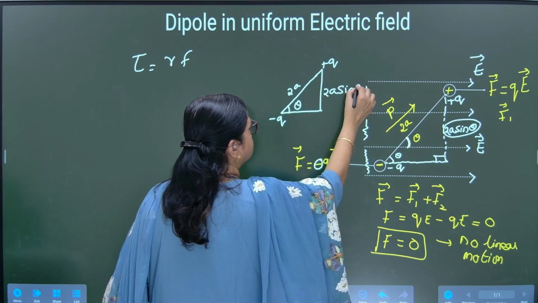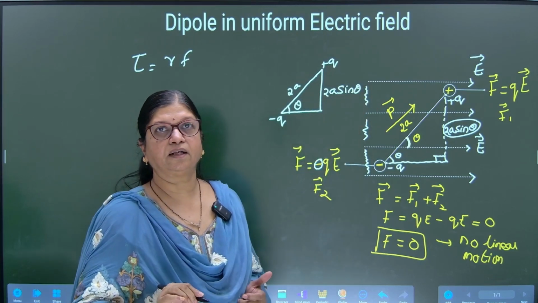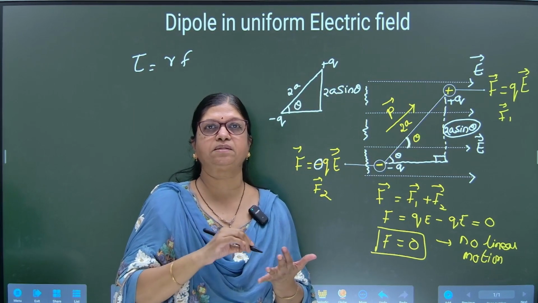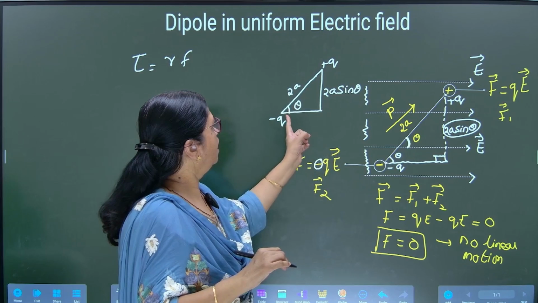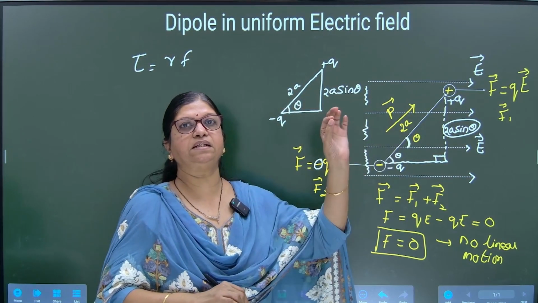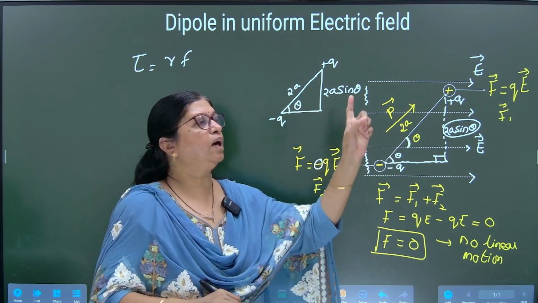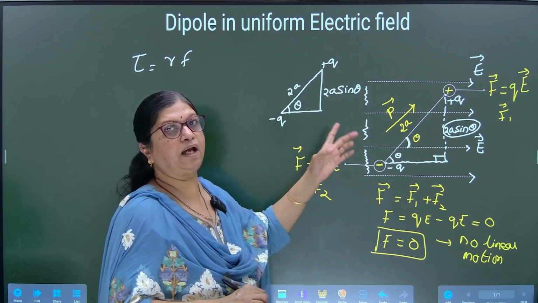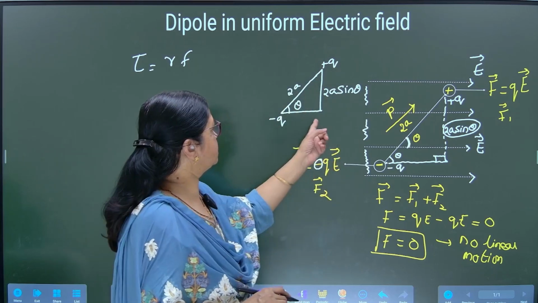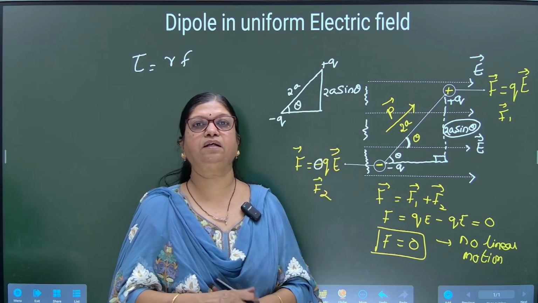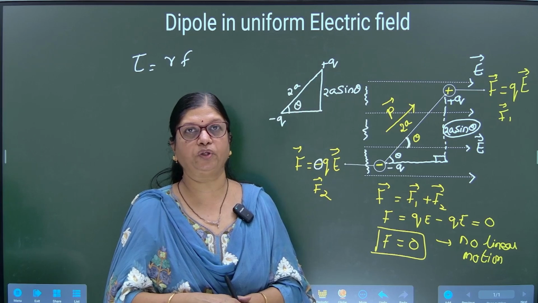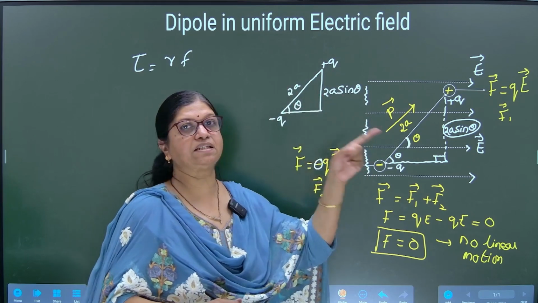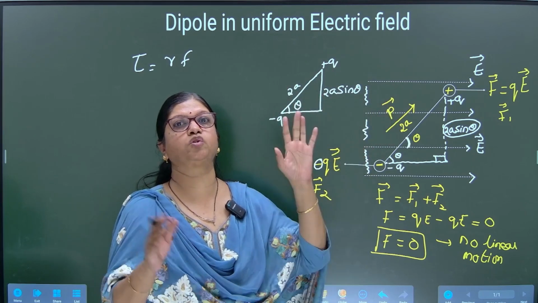It is the opposite side. For math students, bio students, the opposite side to the angle theta is sine theta multiplied by the hypotenuse. If it is the adjacent side to theta, then it is 2a cos theta. That also we know. So 2a sine theta is the perpendicular distance between the two forces.